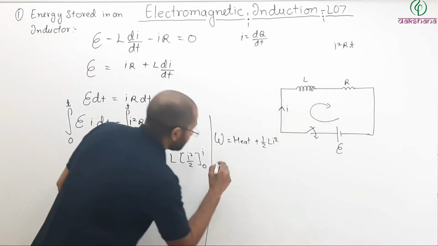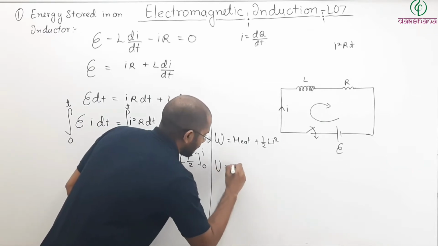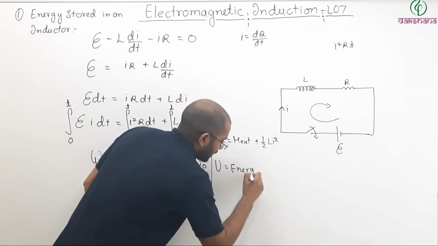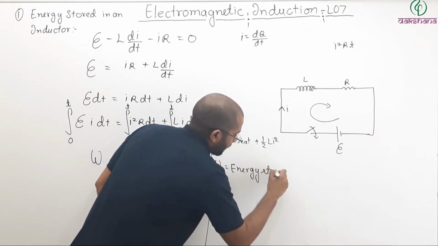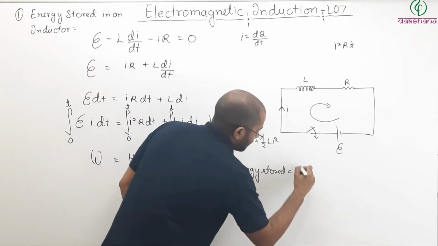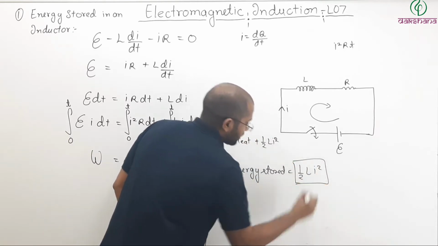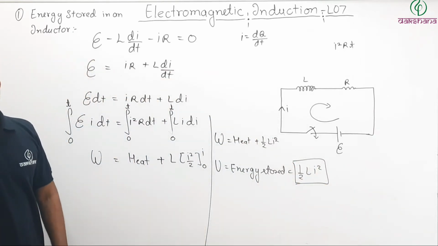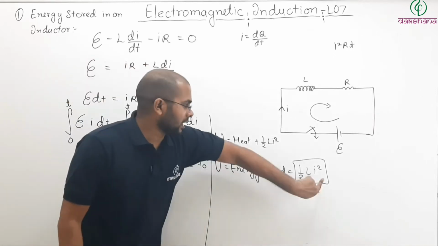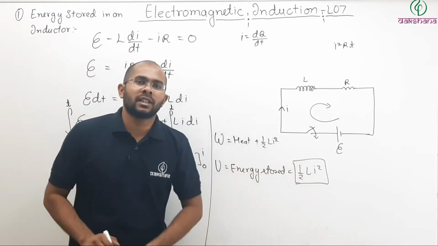So here you can write U, or energy stored, is equal to half L I square. That is the energy stored in the inductor when a current of I is passing through the inductor.